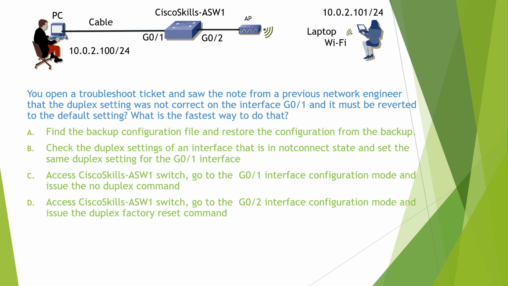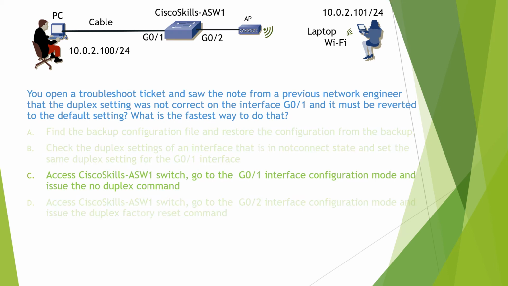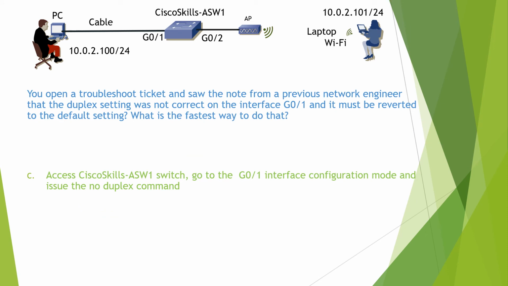So in order to revert the duplex settings of an interface to the default settings, the fastest way to do that is to go to the interface configuration mode of that interface and issue the no duplex command. Therefore, the answer for this question is C. You can find the detailed explanation for this question in the video.